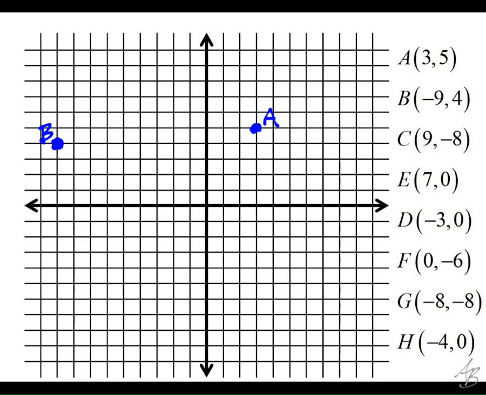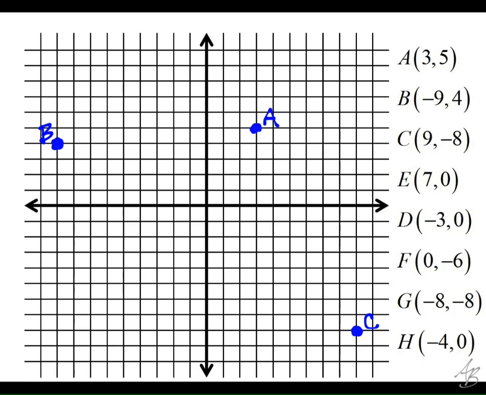All right, so point C, we're going to go which way? Right 9. And then down 8, which I think is right there. Yep. So right 9, down 8, and we get point C right there. All right, how about point E? So we're in a weird order. Point E, which way do we go?